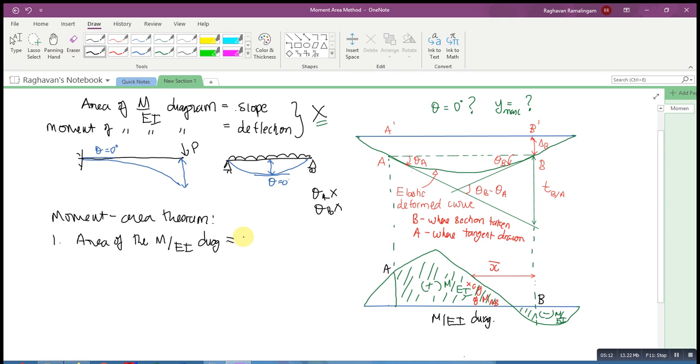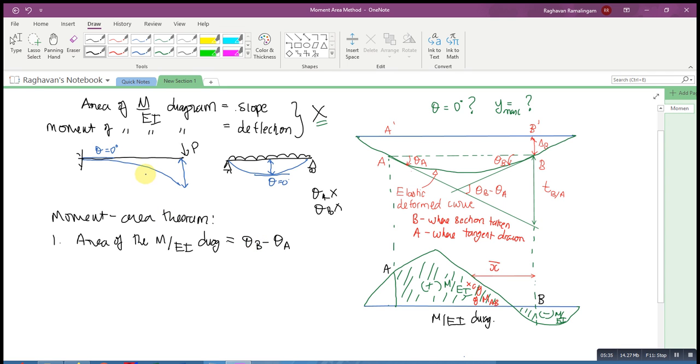It is rather the difference of the slopes at the 2 points. That is why, if you take the area such that one of the ends has a slope of 0, then you may actually get theta B itself, because theta A becomes 0.